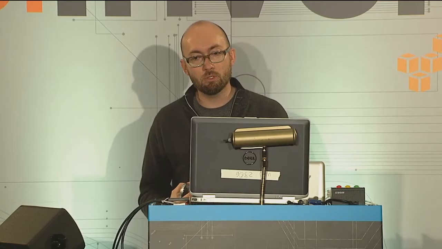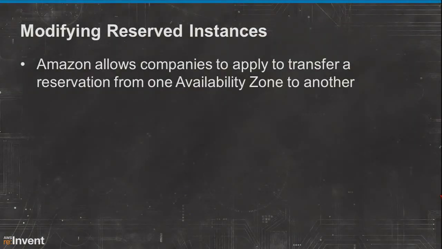So let me talk through one final piece here, which is how you go about modifying reserved instances. This is a fairly new addition by Amazon, a very welcome addition. It makes RIs much more flexible, but it also makes it a little bit more complex to wrap your head around all of the options. So Amazon now allows you to apply to transfer a reservation from one availability zone to another.